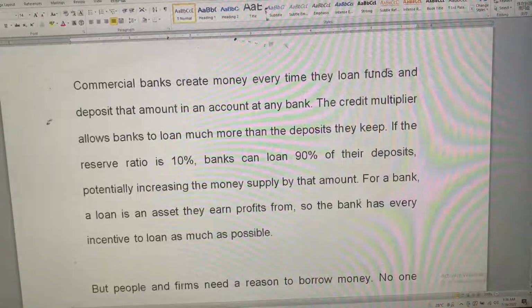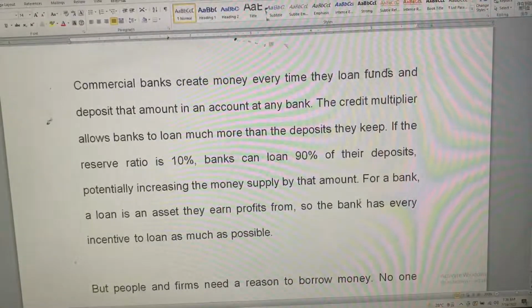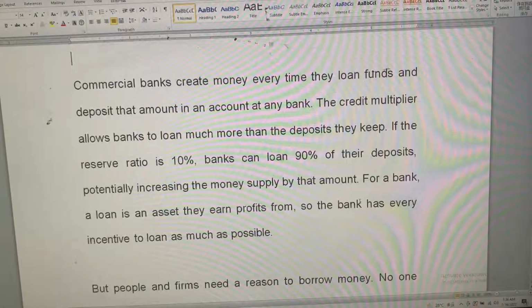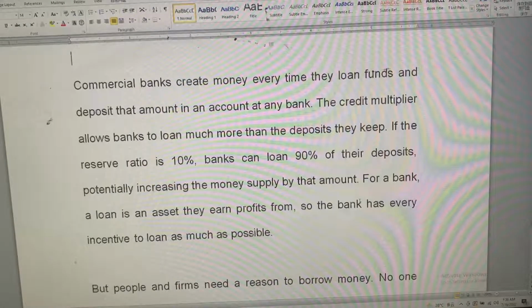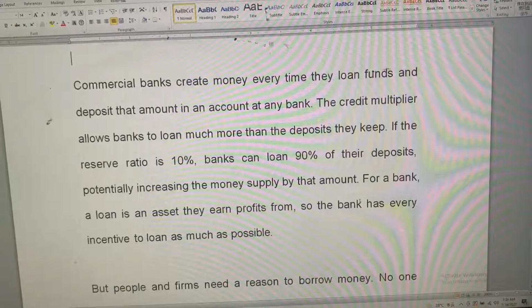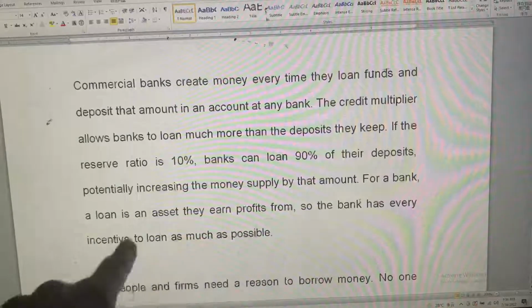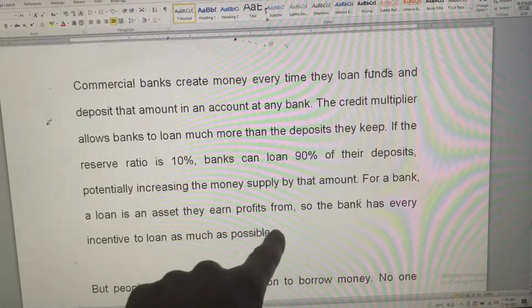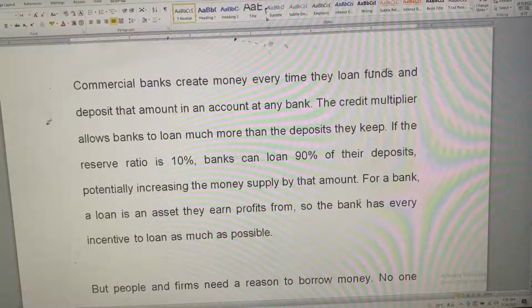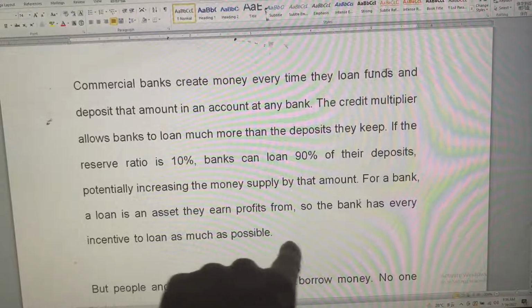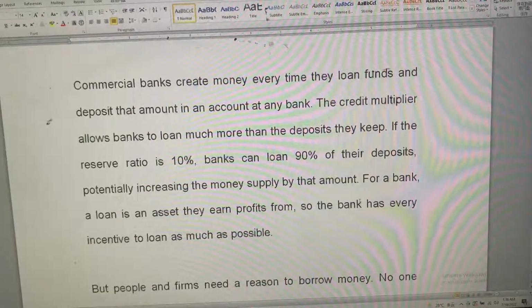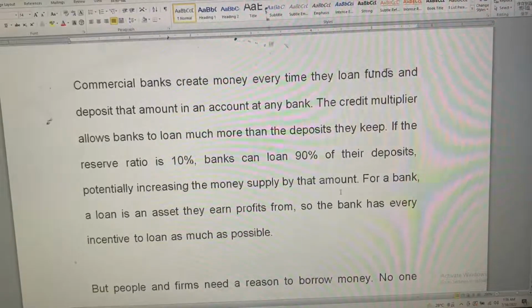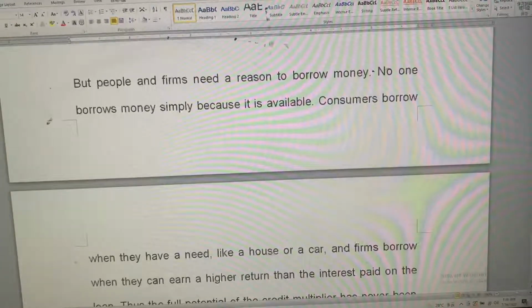Banks can loan 90% of their deposits. That could at least double, almost double, the amount of currency or narrow money in the economy. For a bank, a loan is an asset they earn profits from, so the bank has every incentive to loan as much as possible. And that increases the money supply. So yes, banks can increase the money supply.